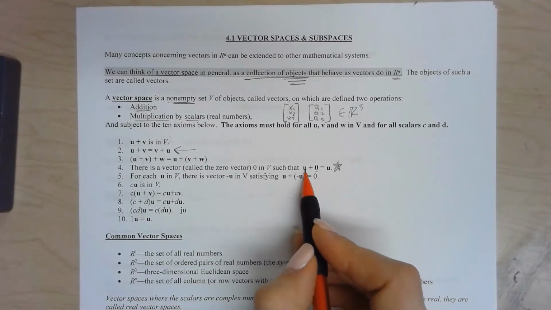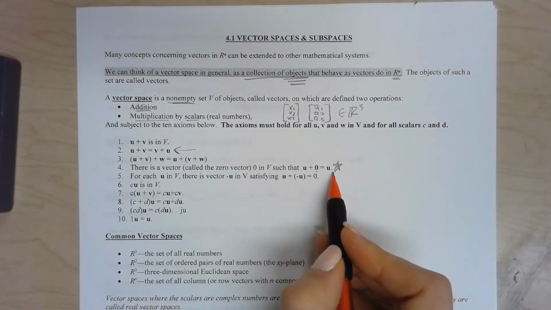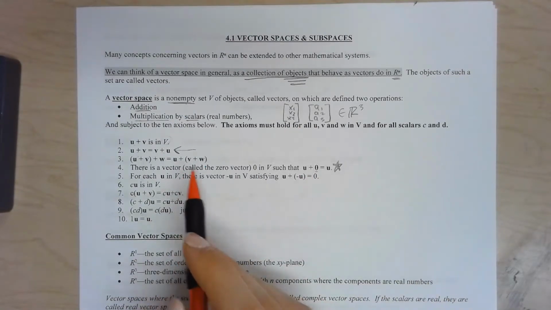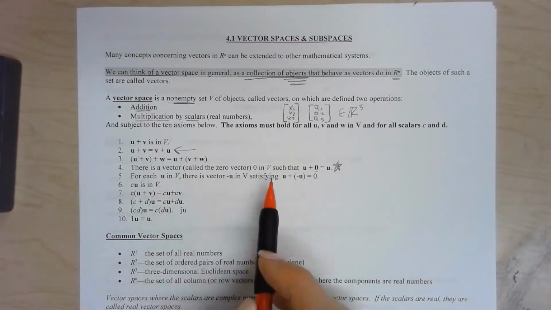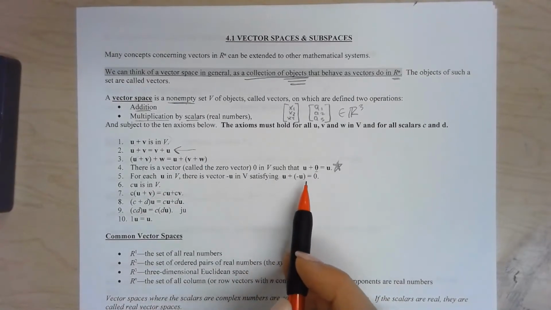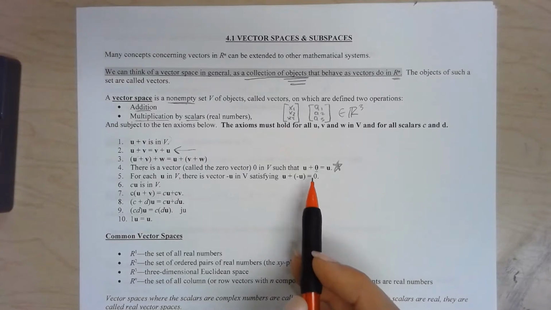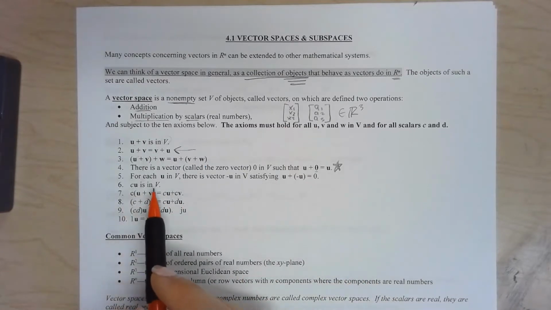So if I add it to another vector, the vector does not change. So that's how we're going to prove that the 0 vector is in a vector space. There's also an additive inverse here, where if you add something and its additive inverse together, you get 0. If you multiply by a scalar, you also get a vector that's in the vector space.